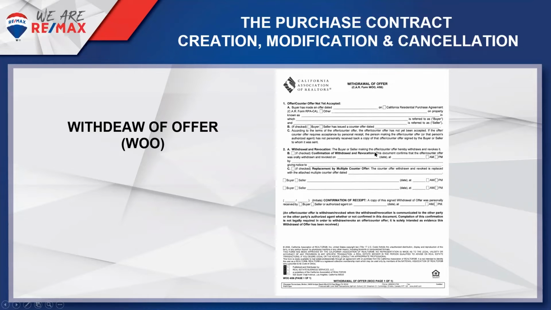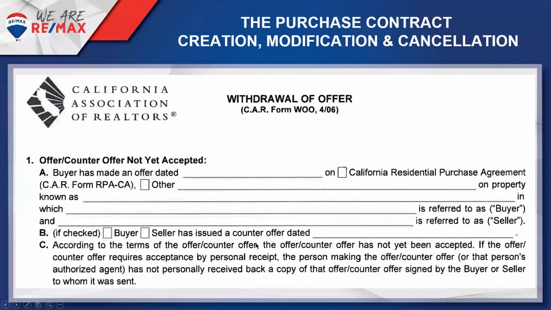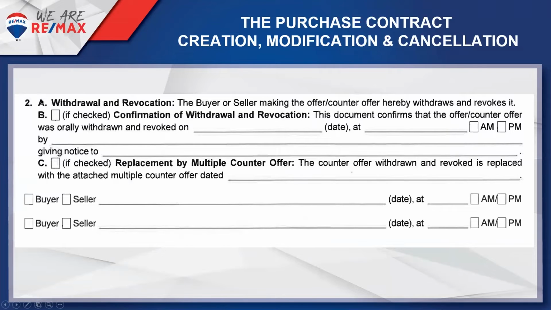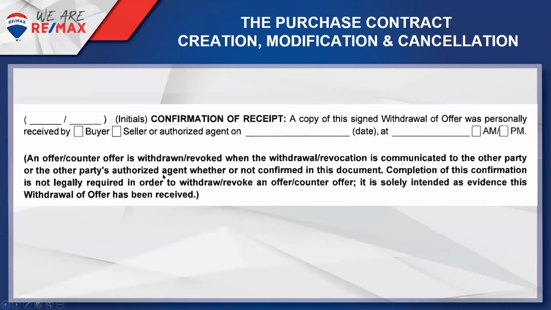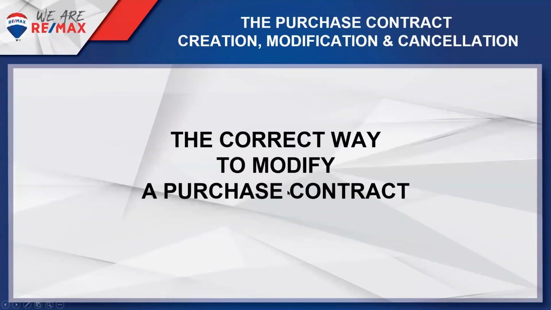The withdrawal of an offer, you can do that verbally on the phone, and then you follow up with a WOO. The top of the form, you discuss the offer that you're withdrawing. You identify it. The second part of paragraph 2 is withdrawing it. The buyer and the seller are making the withdrawal and revoking the offer, counteroffer. And the next paragraph, confirmation of receipt of this withdrawal of offer is nice to have.